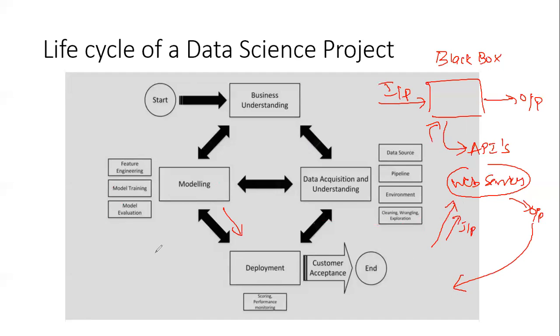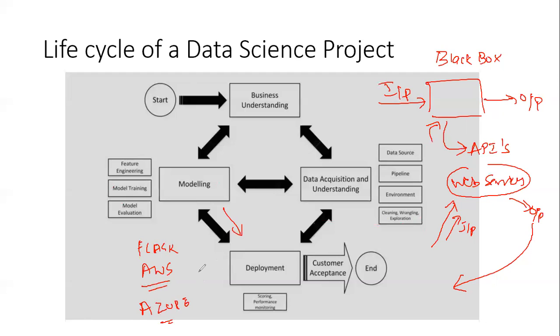In deployment, there are various means of deploying the web service. One is Flask. AWS, that is Amazon Web Services, and Azure also provide a lot of features where you can deploy the machine learning model and create a web API from it. That web API can be integrated with any front-end application, and it is interoperable.